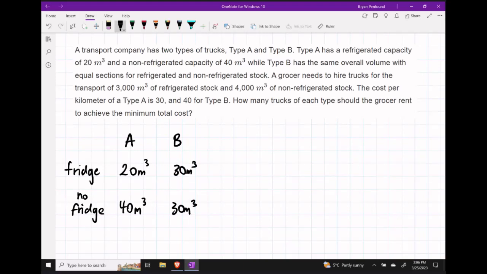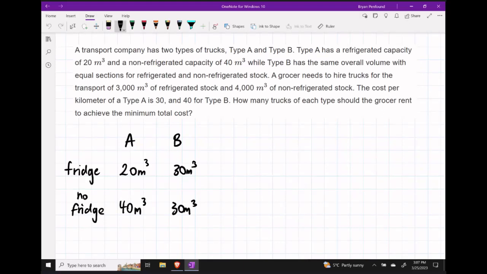A grocer now needs to hire some trucks for the transport of 3,000 meters cubed of refrigerated stock and 4,000 meters cubed of non-refrigerated stock. This sentence is going to lead to our first two constraints.